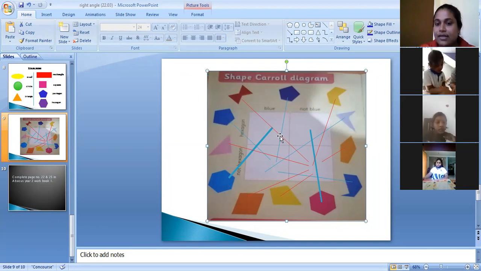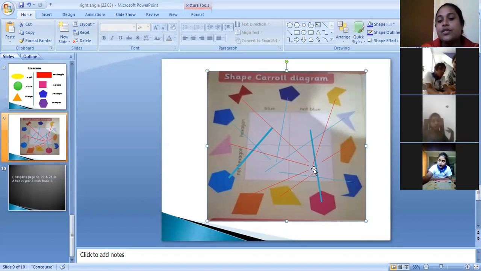One is a hexagon. All the others are not hexagon. And for the second row, second column, it says not hexagon, not blue. These shapes should not be blue in color and should not be hexagon. So we can match all the other shapes here.